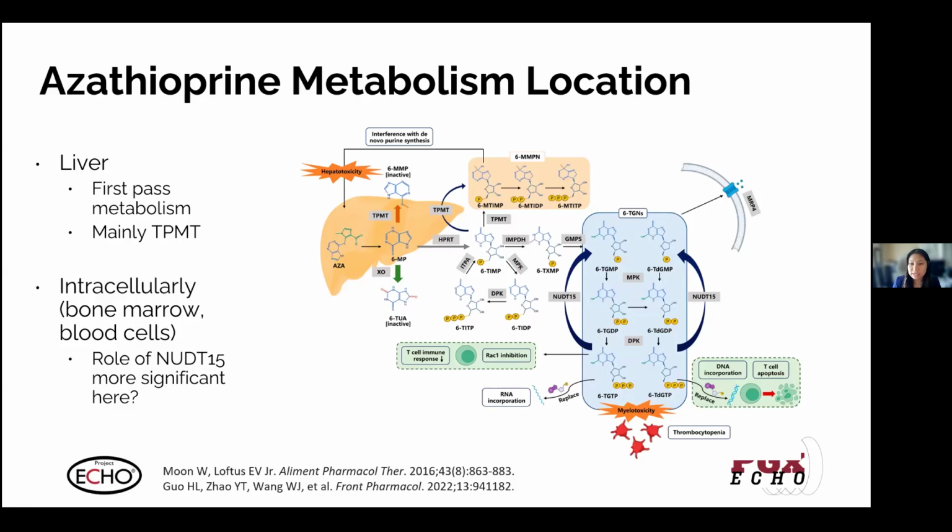And the question is whether NUDT15 is more significant in those areas, being the last step of that metabolic pathway we just saw before the thioguanine triphosphate integrates into the DNA. So that's a key thing to think about when thinking about liver transplant recipients.